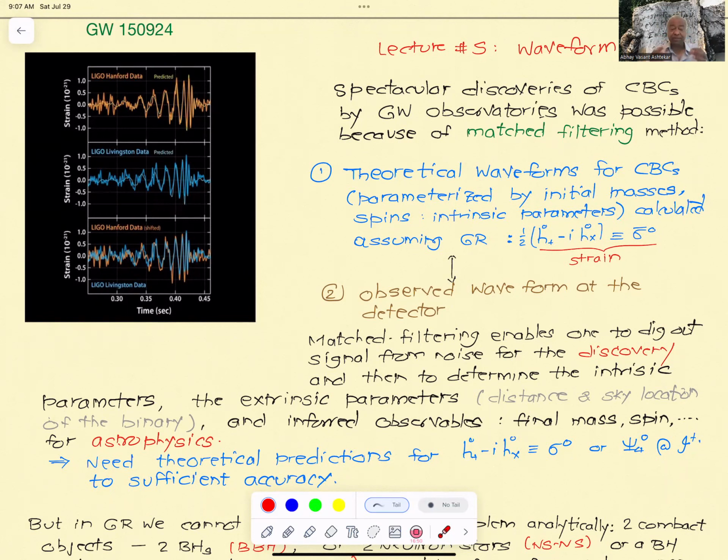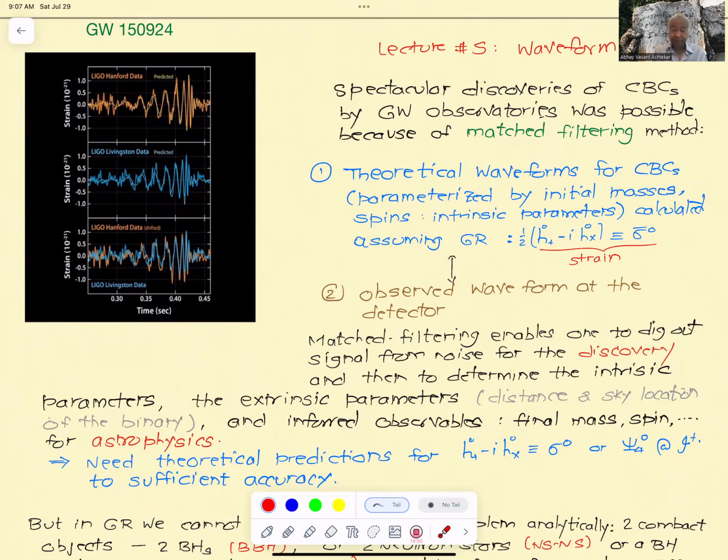What were the progenitors? They were neutron stars, they were black holes, what their masses were, what their spins were. And then using the waveforms and numerical relativity, we also have the posterior observables, and we can predict what the final mass should be and what the final spin should be. These are not directly observed.